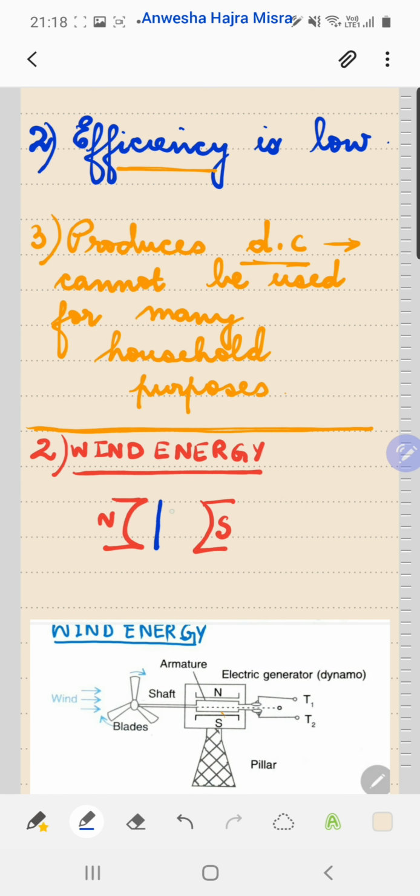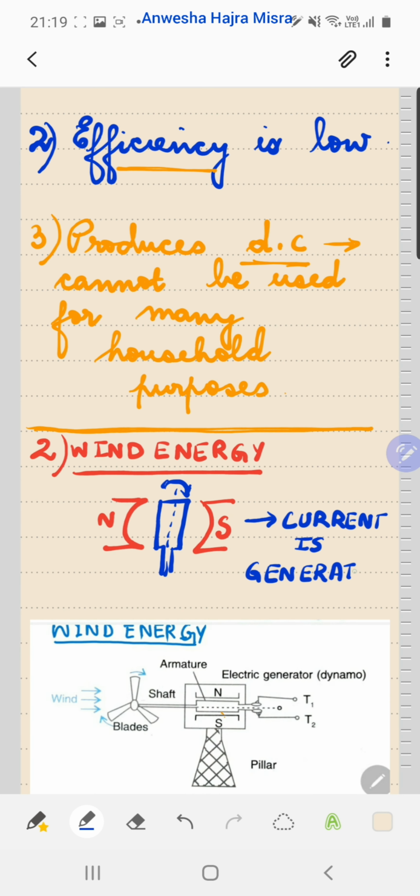If you have a coil and this coil is rotated in a magnetic field, then you get current. Current is generated.